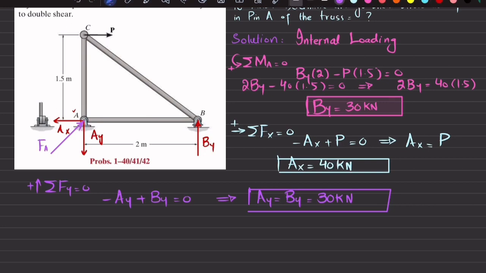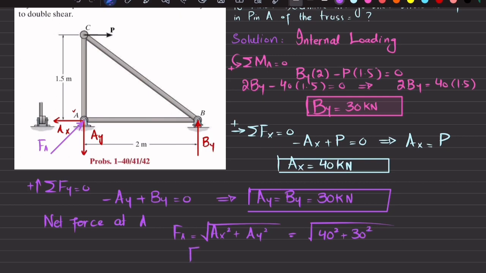By using Pythagoras theorem, net force at A will be equal to FA, and that will be equal to the root of Ax square plus Ay square. So just put the value. Ax is 40, so 40 square plus Ay is 30, so 30 square. When you calculate it, you will get FA equal to 50 kilonewton.